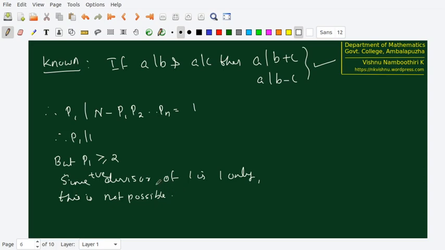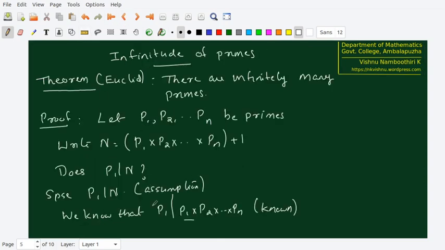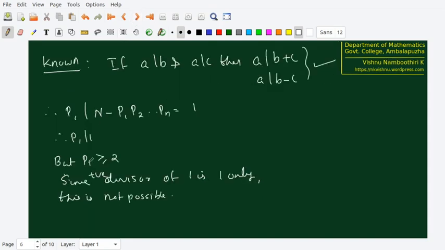Therefore, P1 dividing 1 not being possible means that P1 dividing n minus P1, P2, etc. Pn is not possible. But clearly we know that P1 divides P1 into etc. Pn. And therefore, what has to be wrong? P1 dividing n, our assumption must be wrong. Therefore, our assumption is wrong.